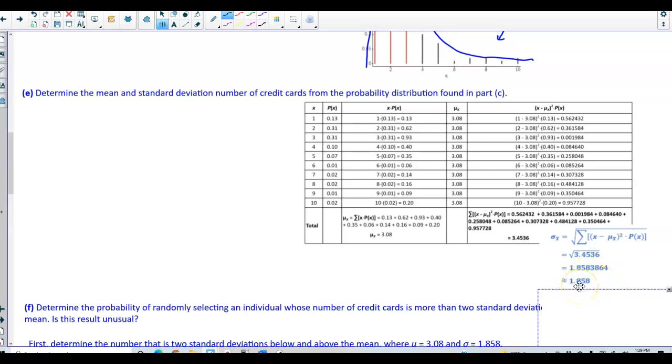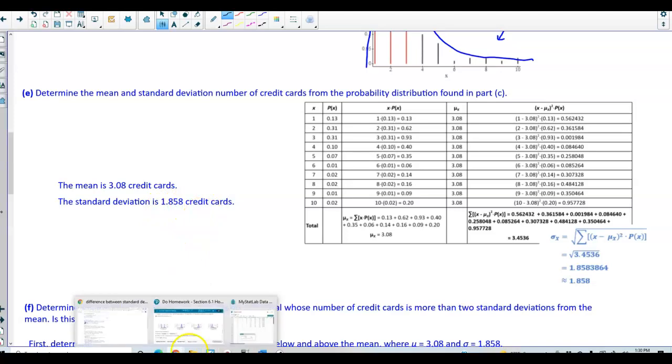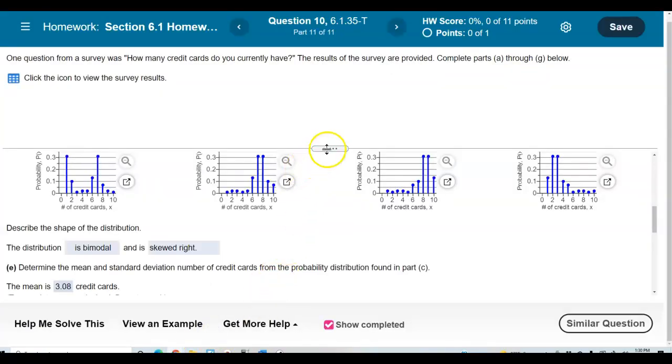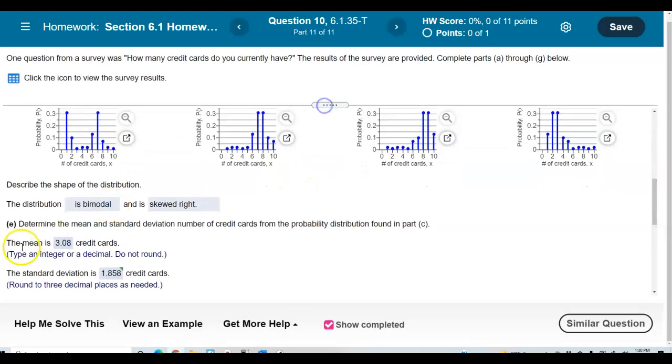Rounding to 3 decimal places gives us approximately 1.858. And so therefore, we get the mean, which was 3.08, and the standard deviation to be 1.858. And so we can go ahead and write our mean, which is 3.08, and the standard deviation of the probability distribution is 1.858.